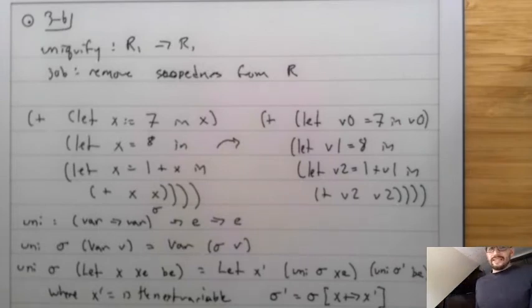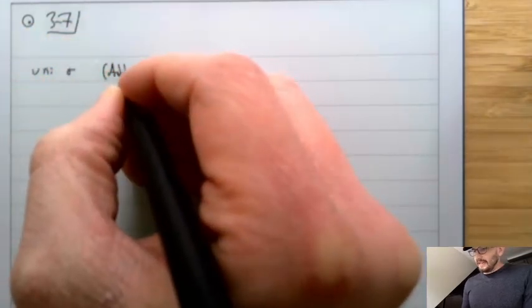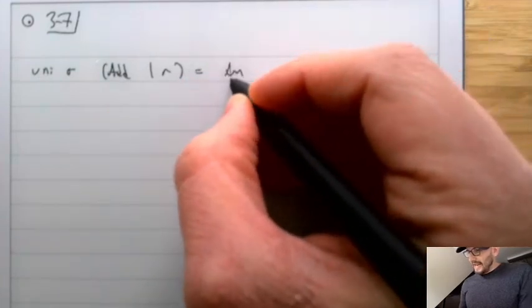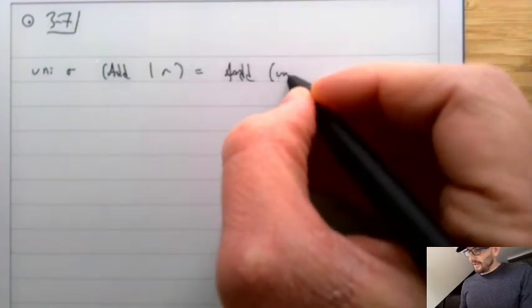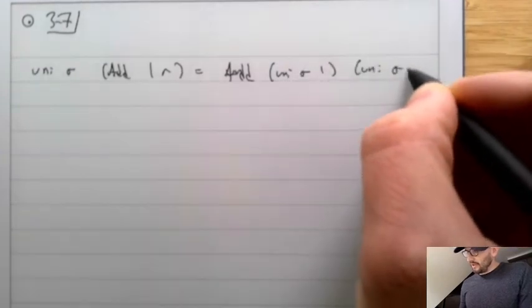All the other cases are just like a transparent mapping over the rest of the structure. So what I mean by that is that if we take uni row of add left and right, then it just equals an add where we have uni row of left and uni row of right.